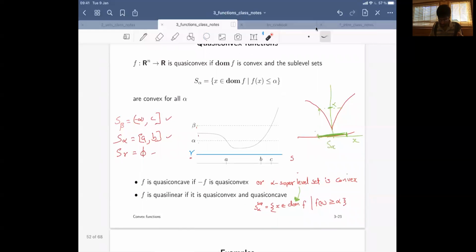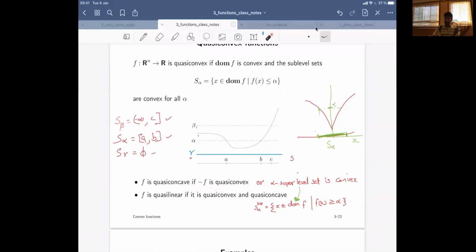Another thing is, when do you say a function is quasi-concave, right? It's like the definition of a concave function. Like when minus f is convex, we can say that f is concave, right? So similarly, if minus f is quasi-convex, then we can say that the function is quasi-concave.